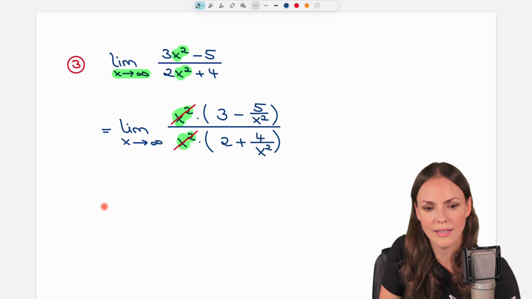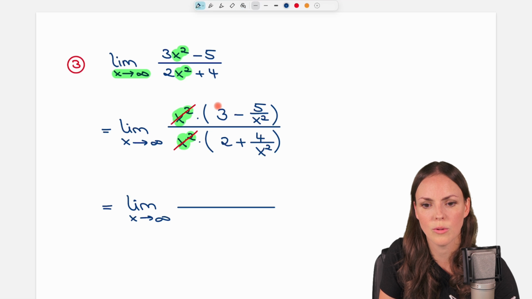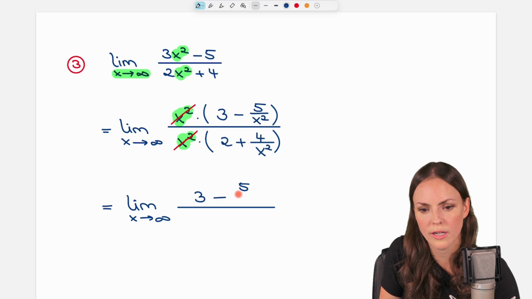So we are left with the limit as x approaches infinity of this fraction now, where we have 3 minus this small fraction, and down here we have 2 plus this small fraction.